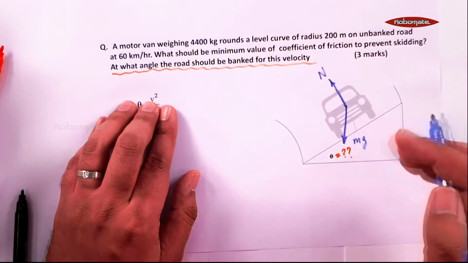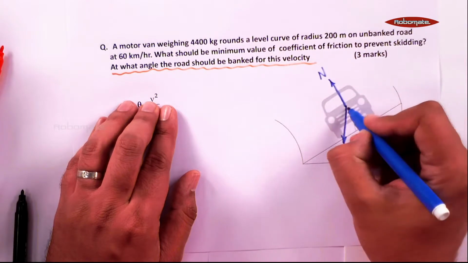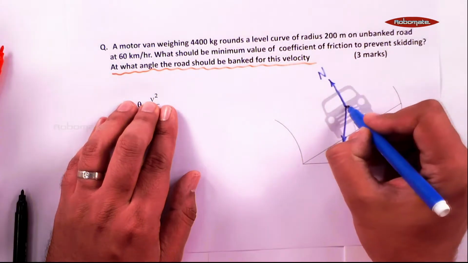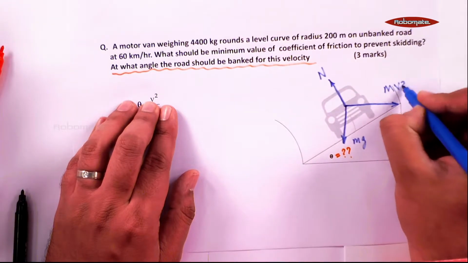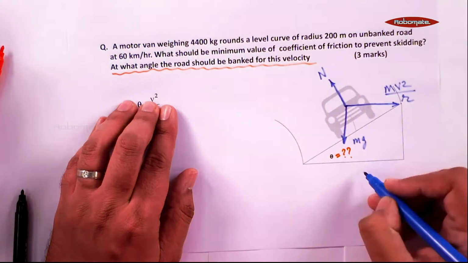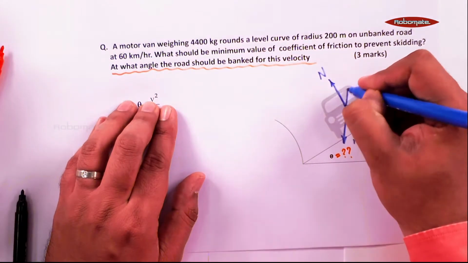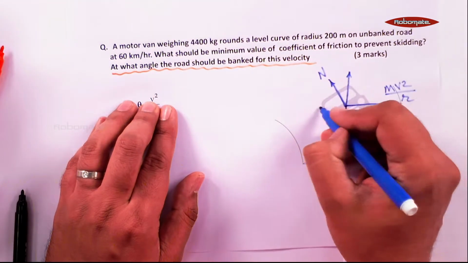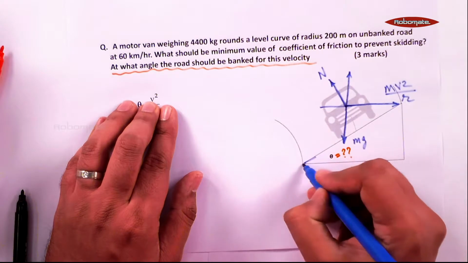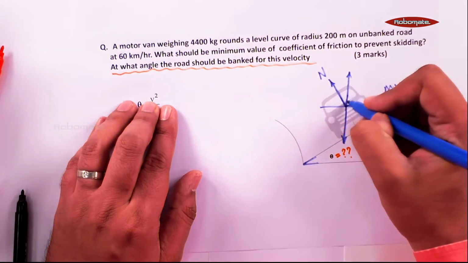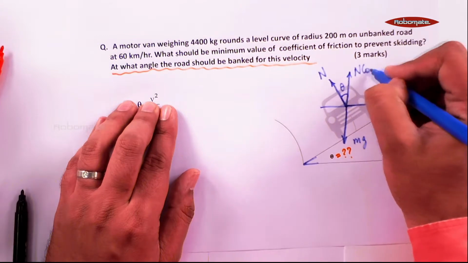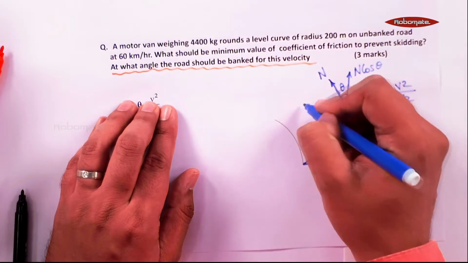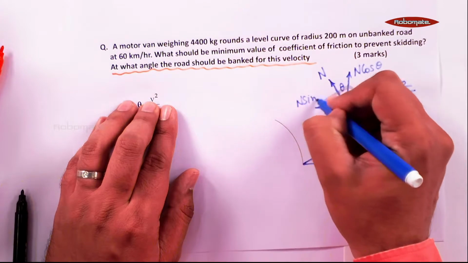According to this banked road, there is one more force. Since it is moving along a circular path, there is a centrifugal outward force acting over here, represented as mv square by r. If I resolve this component over here, normal component, then according to the similarity, this angle and this angle would be same. So this would be theta, this would be n cos theta, this would be n sin theta.